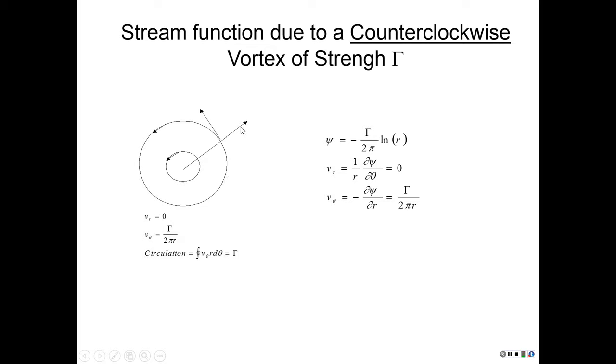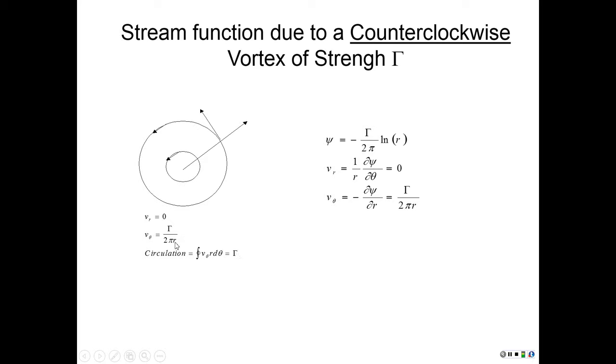You'll not have any radial velocity, so Vr is 0. So v theta times 2 pi r, velocity times distance, where velocity is uniform, is what we call the circulation gamma. So v theta is circulation gamma divided by 2 pi r.